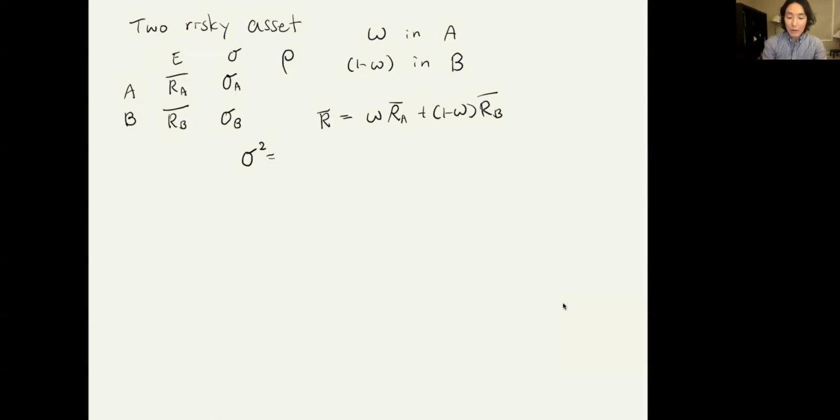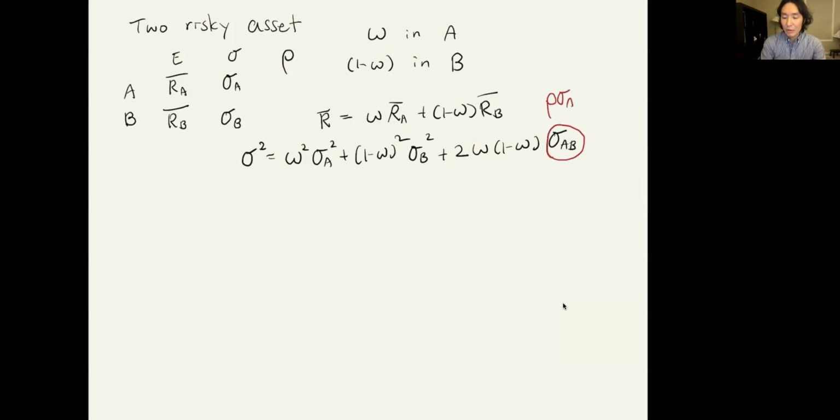The variance calculation is given in this way. So it's going to be W squared sigma A squared plus (1 minus W) squared sigma B squared plus 2 times W and (1 minus W) and the covariance between the two. Okay, and this covariance between A and B is simply correlation times each standard deviation. Okay? So where is this formula from?